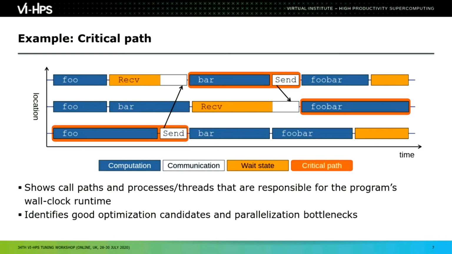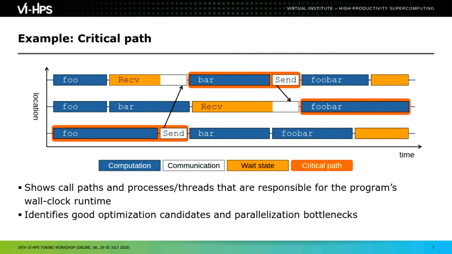And the way in which that's done is actually working backwards from the last event. There's no critical path where there's a wait state, so it's where the last computation takes place, in this case in the middle process. And then the communication that preceded that is where we transfer the critical path to, in this case, the process at the top.